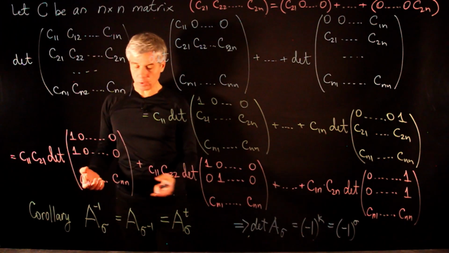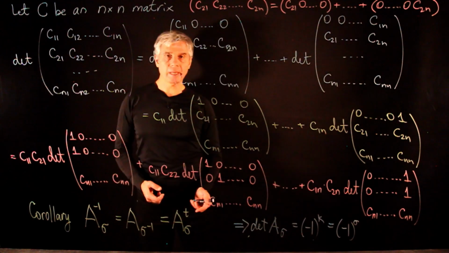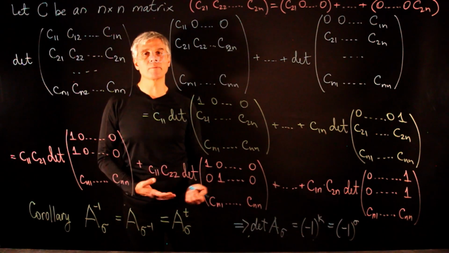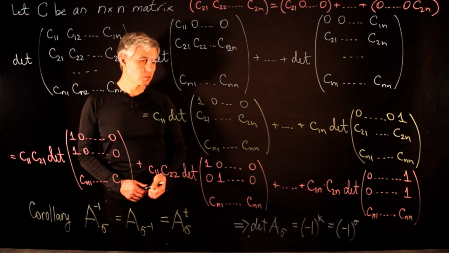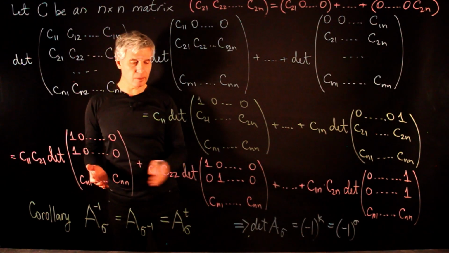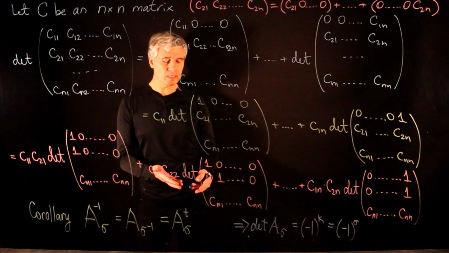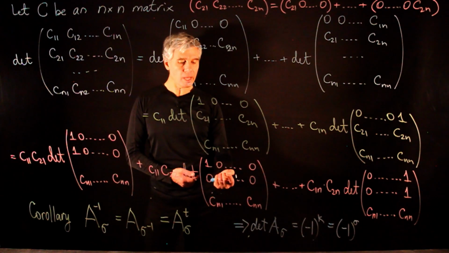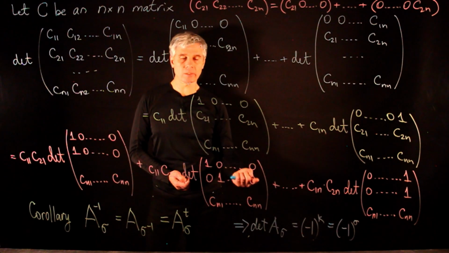At the end, we're going to get a really huge sum, and we need to find a way to write this huge sum in a compact form. What we see is that in these expansions, we're going to get matrices where each row has a single 1 and 0 elsewhere.